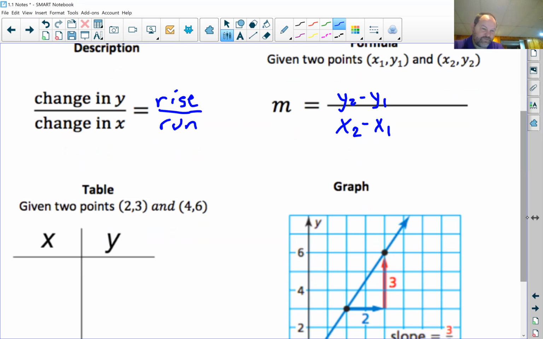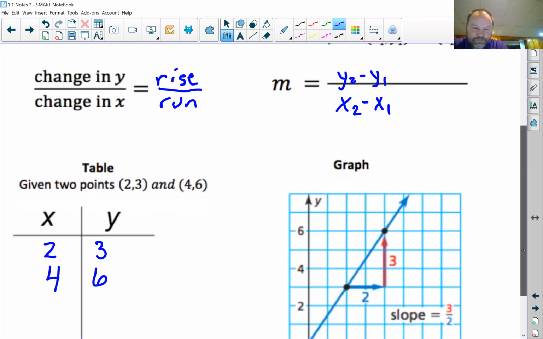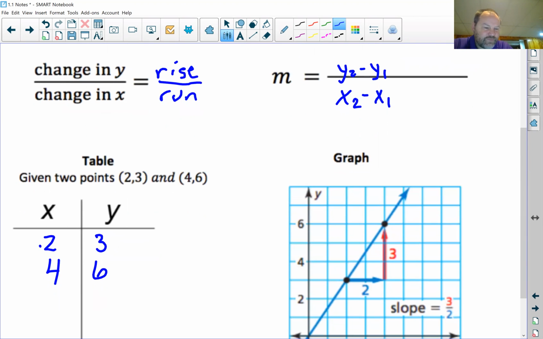If we have a table of values and we have values 2, 3, and 4, 6, we can use that same formula and take 4 minus 2 and 6 minus 3, and then our slope is 3 over 2.